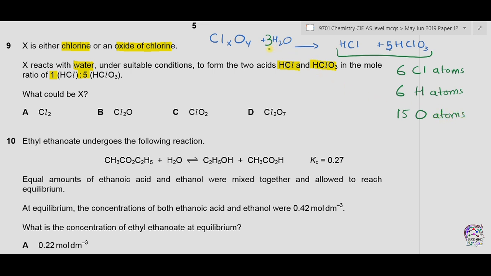On the reactant side, we have 3 oxygen atoms in H2O. So therefore we need 12 oxygen atoms in this compound. In the product we have 6 chlorine atoms. So therefore 6 chlorine atoms are needed on the reactant side.